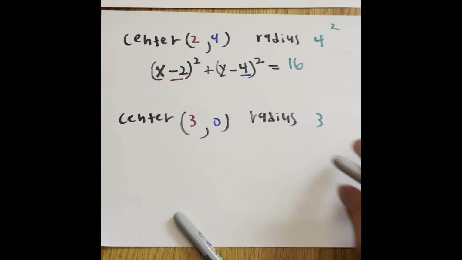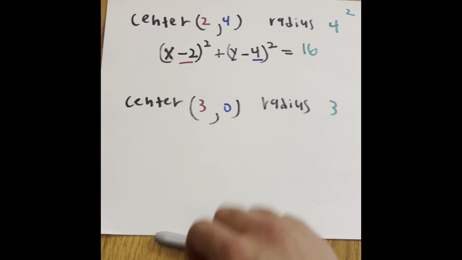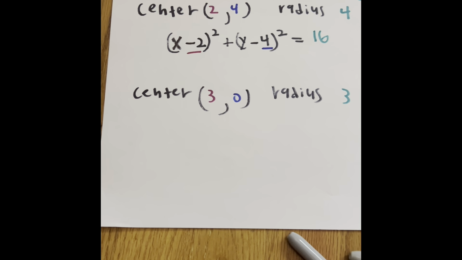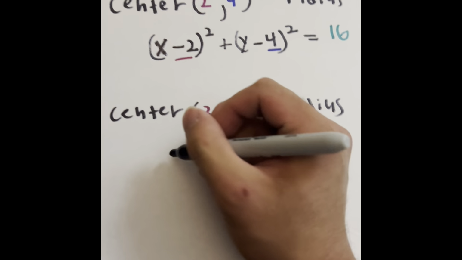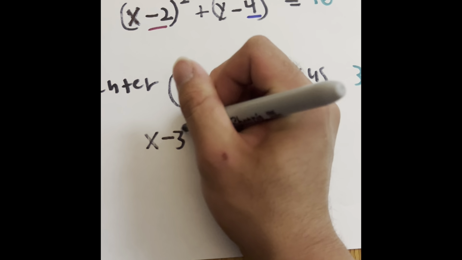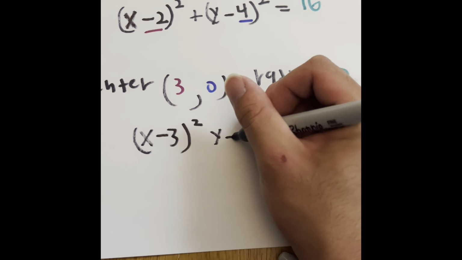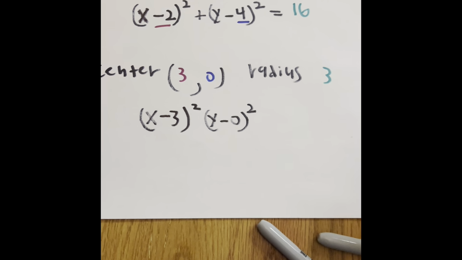What about this one right over here? We have a center point of 3, 0, and a radius of 3. Well, what we could do is we can write x minus 3 in parentheses squared, and then y minus 0? That makes no sense.